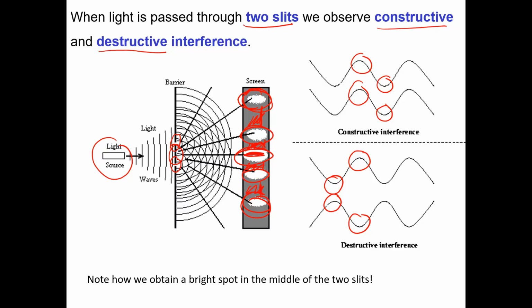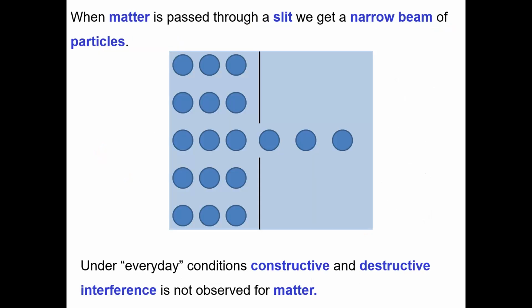So when we pass light through two slits, we get an interference pattern as a result of constructive and destructive interference. And only waves do this. Matter doesn't do this. If we pass matter through a single slit, you just get a narrow beam of particles. Okay?